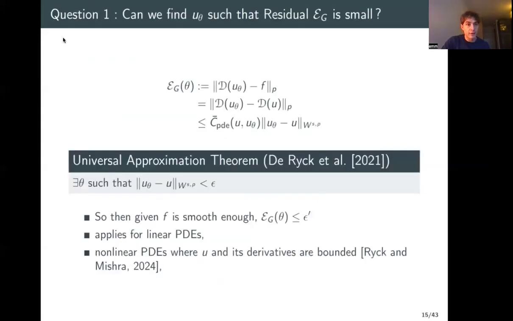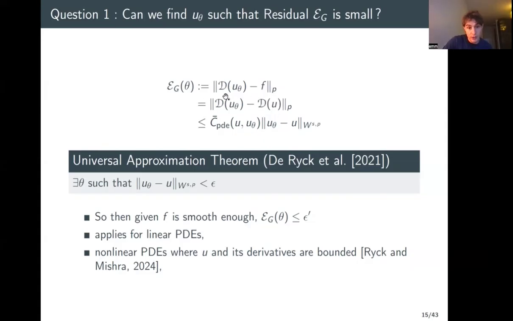It turns out that for the first question, we can respond positively. We can rewrite this quadrature error, because f is equal to Du. So then we have this norm of Du theta minus Du, the solution.